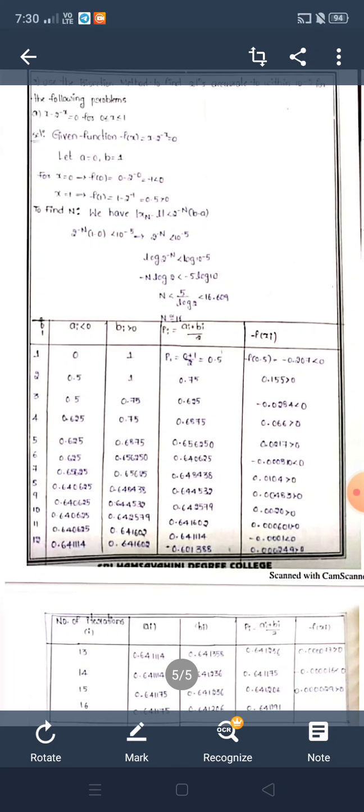Next, i equals to 15. a15 is equal to 0.641175. b15 is equal to 0.641256. p15 is equal to 0.641206, f is equal to 0.00029. This is greater than 0.